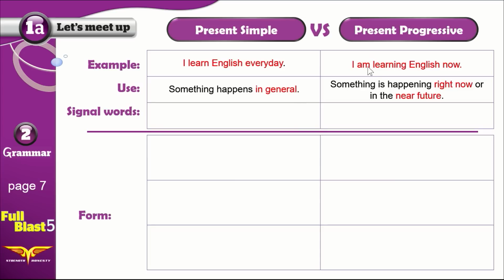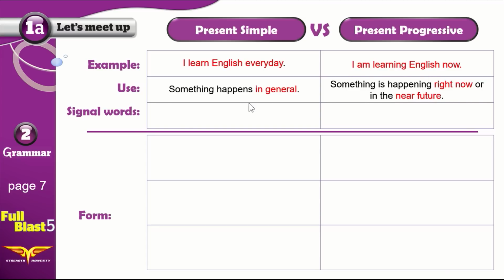If you are going to visit her right now, you are moving, you can say, I am visiting my grandmother now, or I am going to visit my grandmother. If it will happen in the near future, let's say tomorrow you are visiting your grandmother, you can say, I am visiting my grandmother tomorrow.